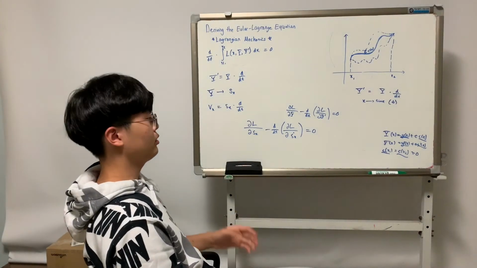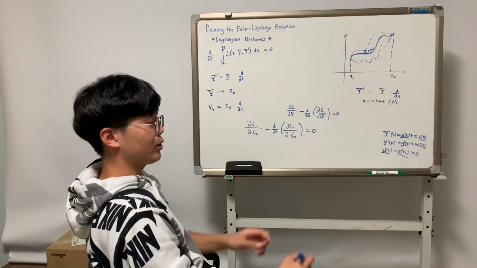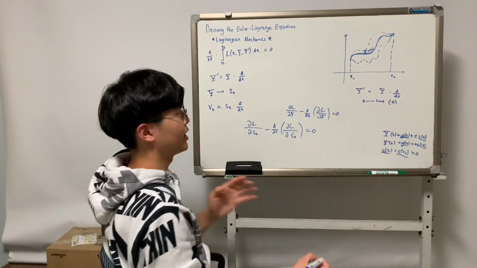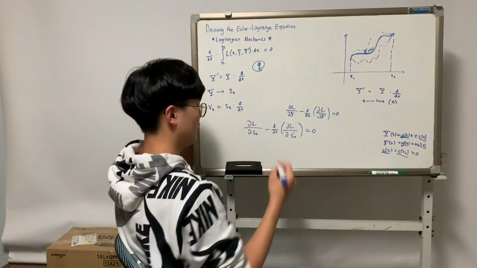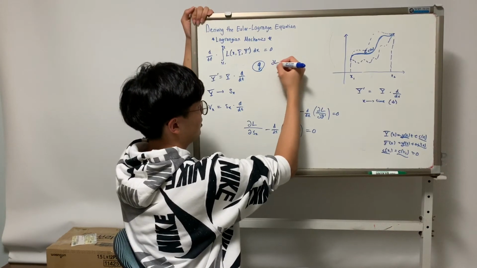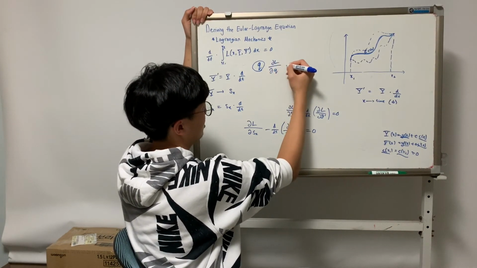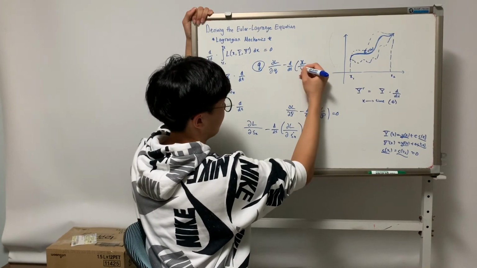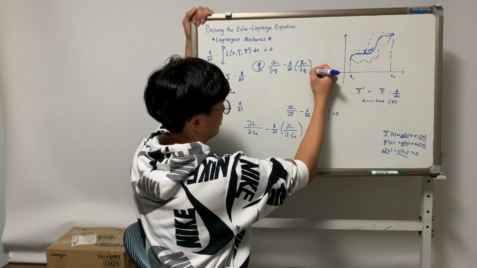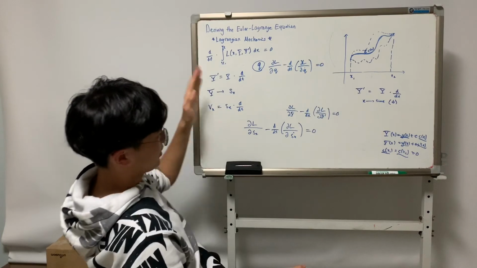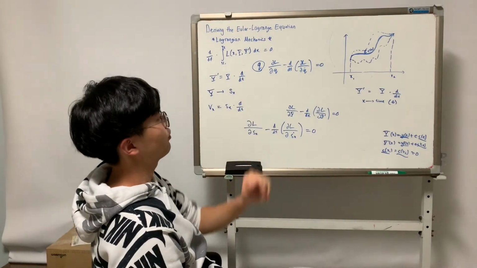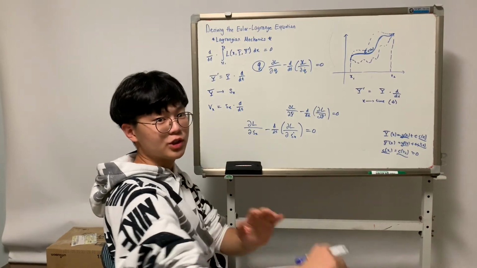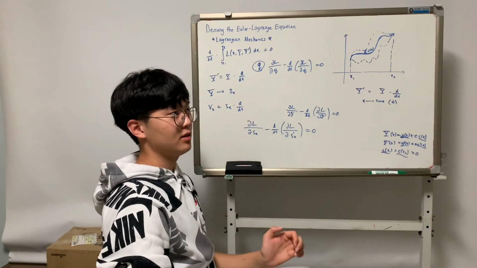Or if we're just going to deal with any arbitrary variable, let's say q, then we could say that partial L of partial q minus d of dt of partial L of partial q dot would be 0.